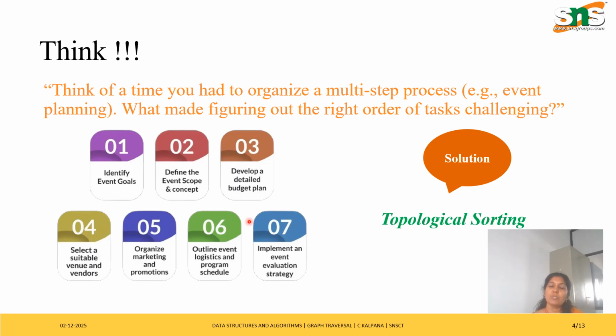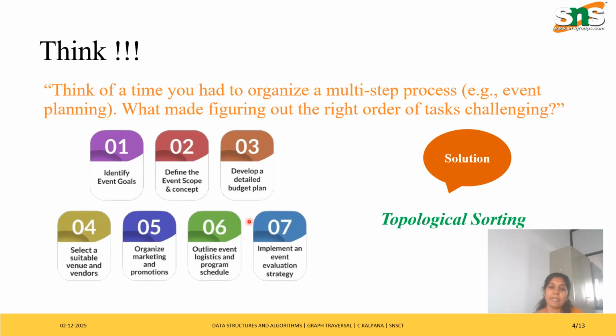Then we have to schedule it, which means we have to decide the date as well as the venue where it is going to happen. And then the marketing, we have to market that event in order to acquire relevant participants.